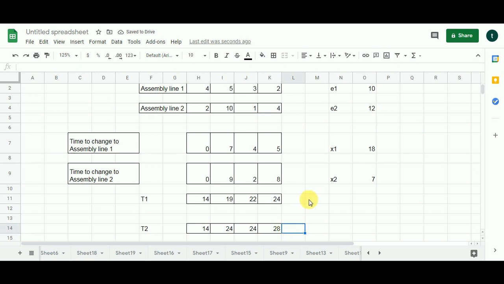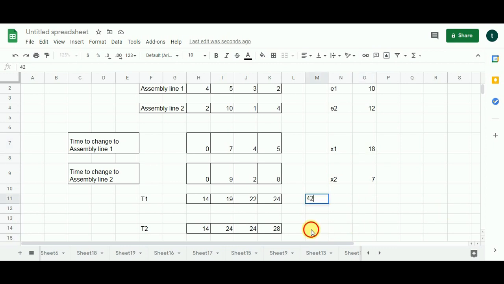Now we have another factor over here, which is exit time. Alright, so the chassis is at its last station and now it has to move out of the assembly lines. So what time will be taken then? So this 24 will be added to 18. So what will be the total time? It will be 42.